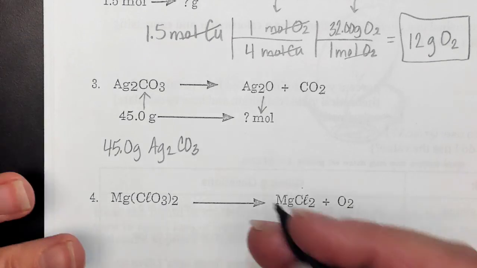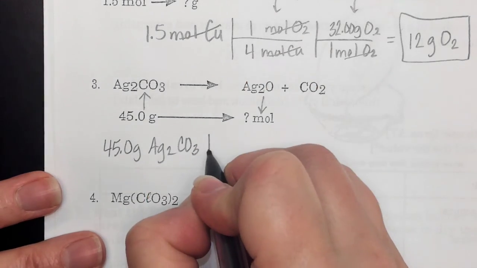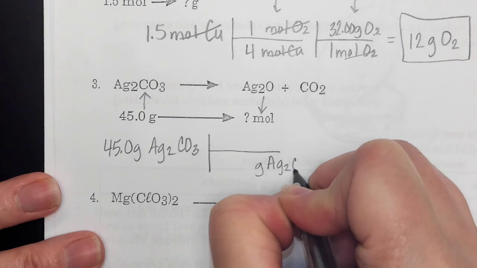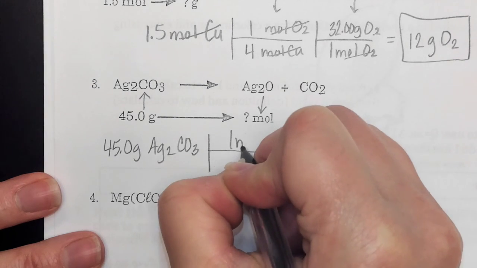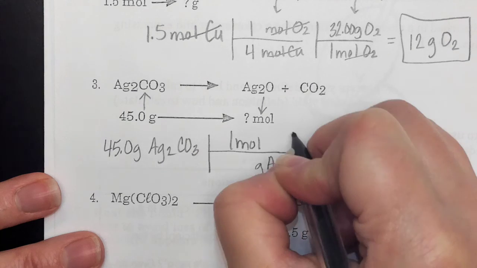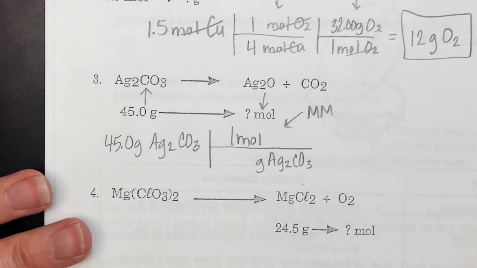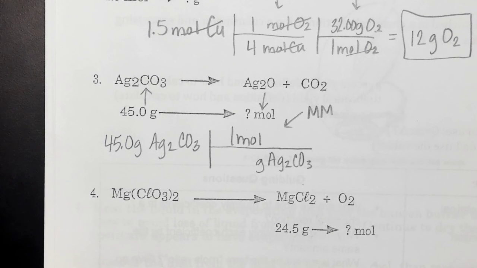Moles. Perfect. All right, I have to go out of grams of Ag2CO3 and 1 mole. And this is the molar mass conversion. So I need to know the mass of 2 silvers plus 1 carbon plus 3 oxygens.